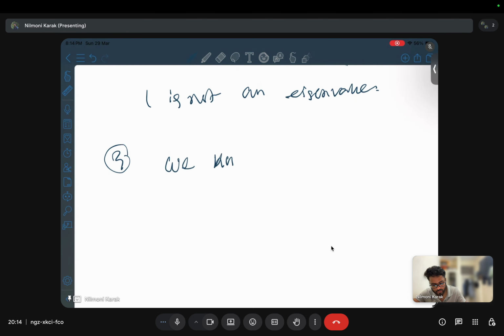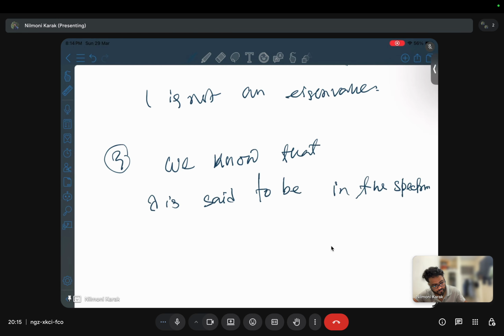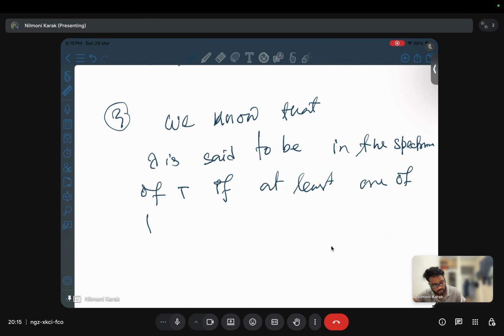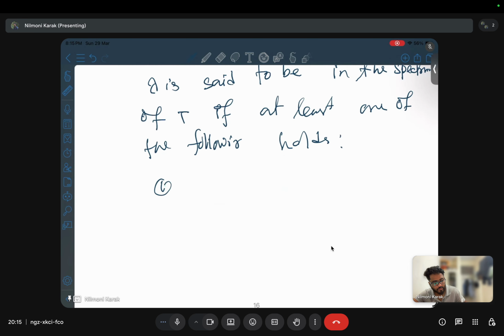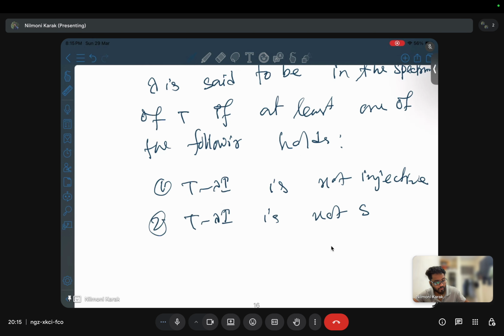We know that lambda is said to be in the spectrum of T if at least one of the following holds: T minus lambda I is not injective, or T minus lambda I is not surjective.